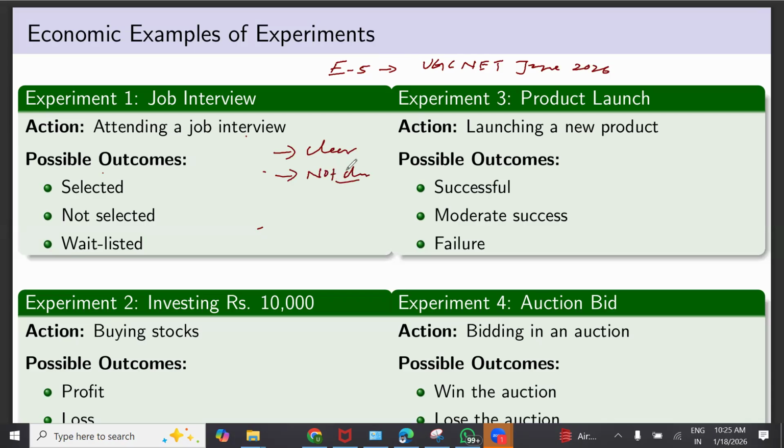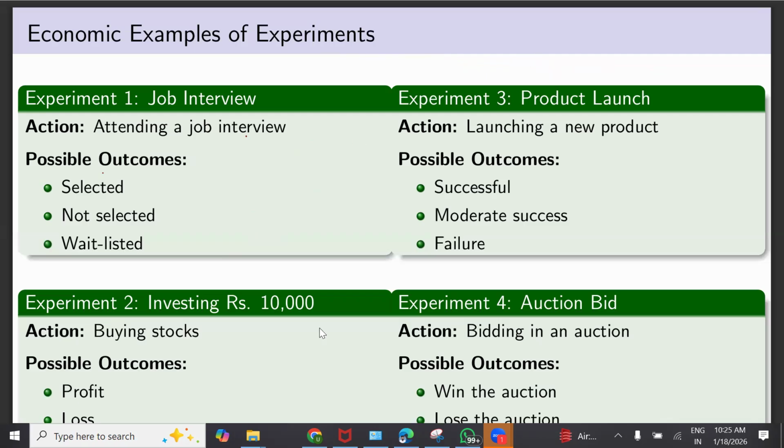So there are 2 possible outcomes. Similarly, you can write some more examples of experiments, and then list out the possible outcomes in each one of them, so that you can understand the outcomes very clearly.